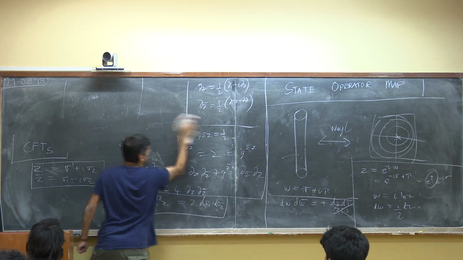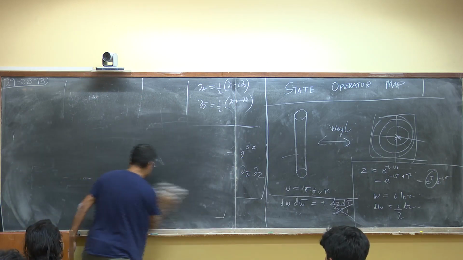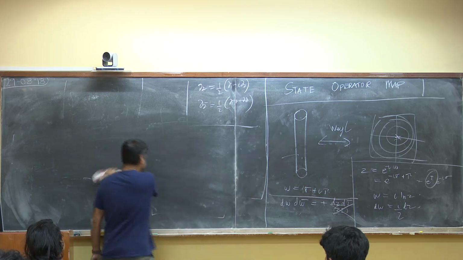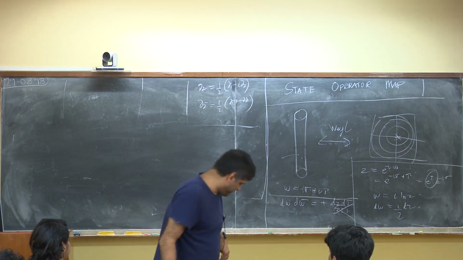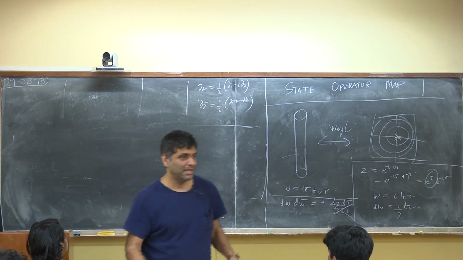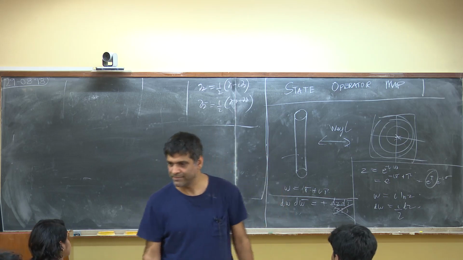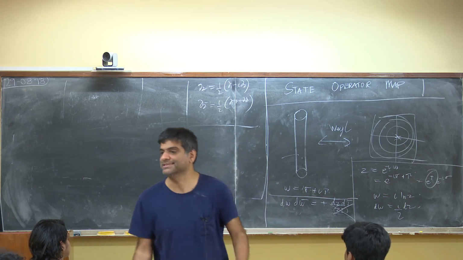Firstly, before even starting to understand this claim, I want you to understand how surprising this claim is. In a quantum mechanical system, states are vectors in Hilbert space, and operators are matrices. And if you've got an n-dimensional vector space, you've got an n-squared dimensional matrix space.